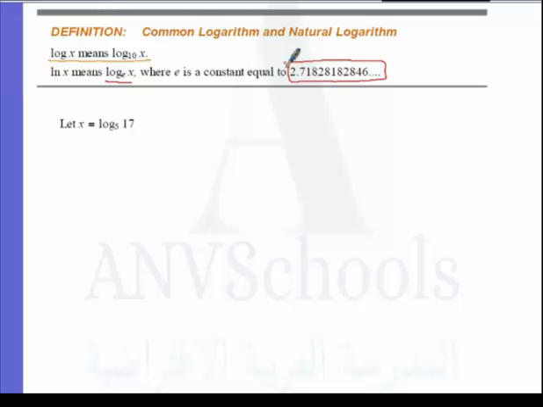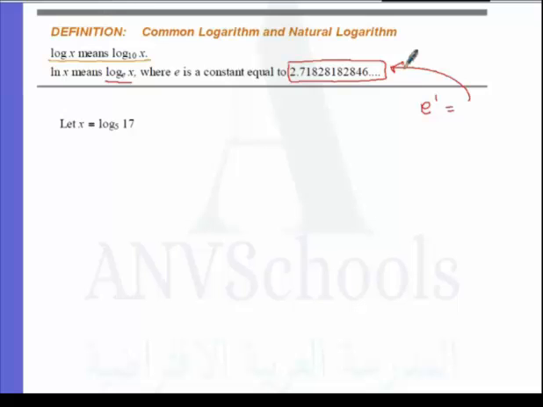In your calculator, you can reach e by pressing shift and ln. Shift ln gives you e raised to a box, and you press 1 into that box, giving you e raised to 1, which gives you this value. So it's a constant.